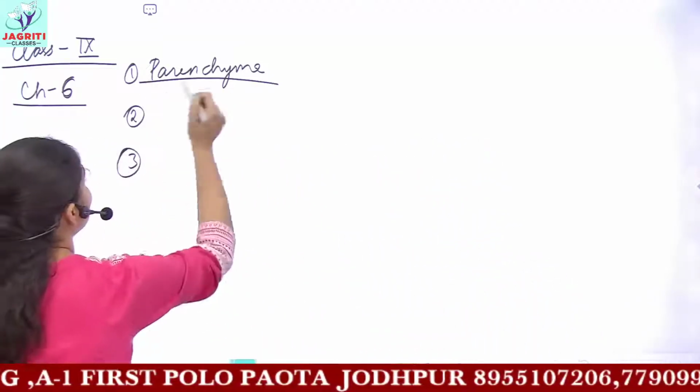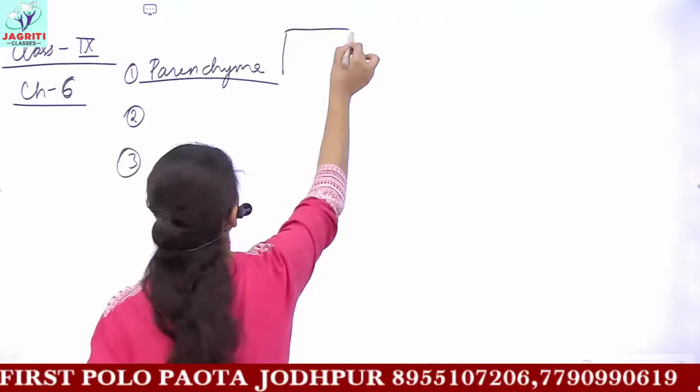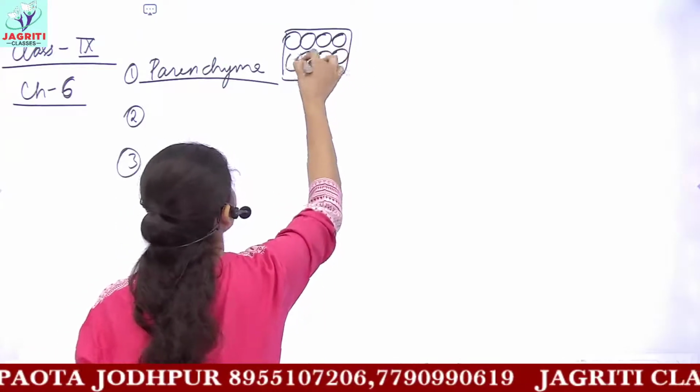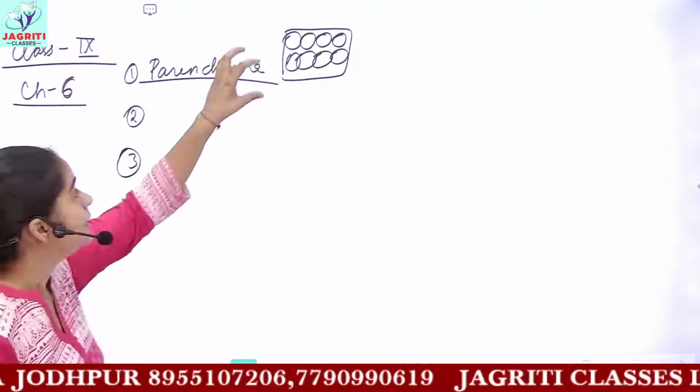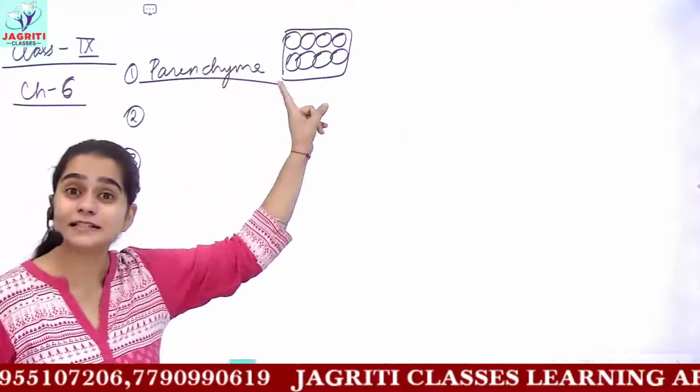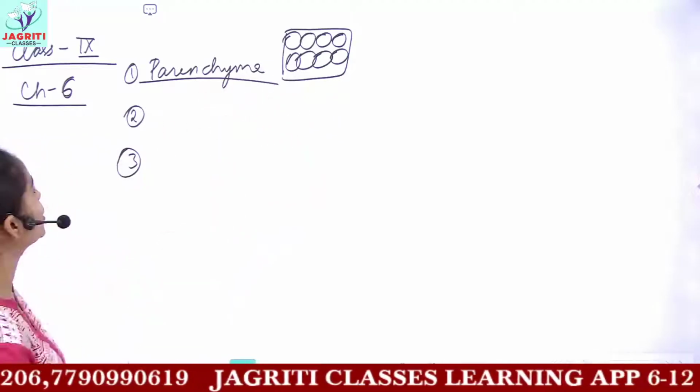So parenchyma, we dealt with. Parenchyma is made up of circular or spherical shaped cells. These cells have thin cell walls, they have many intercellular spaces, and the major function of parenchyma is the storage of food.